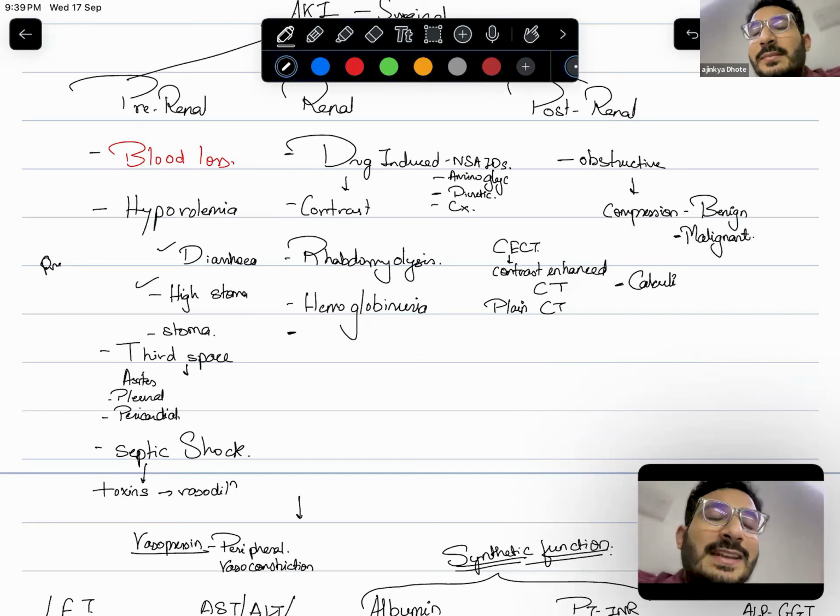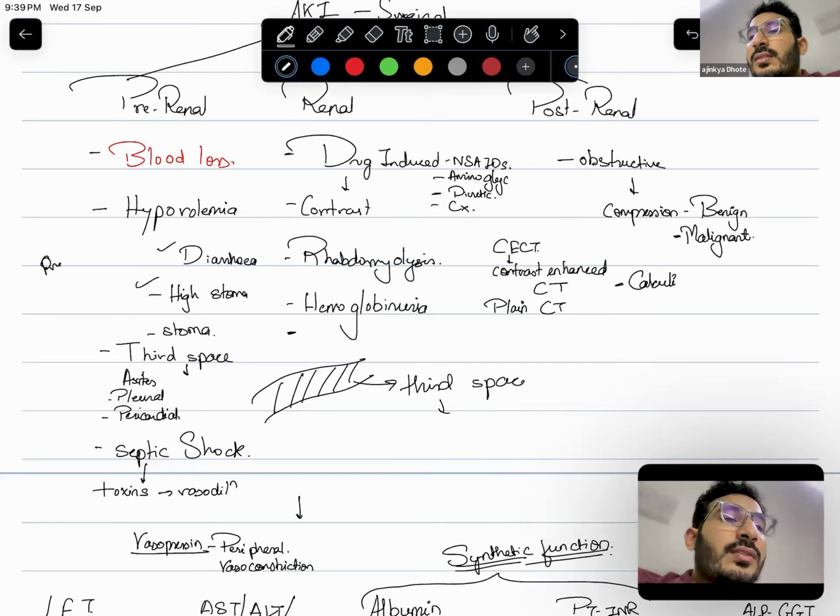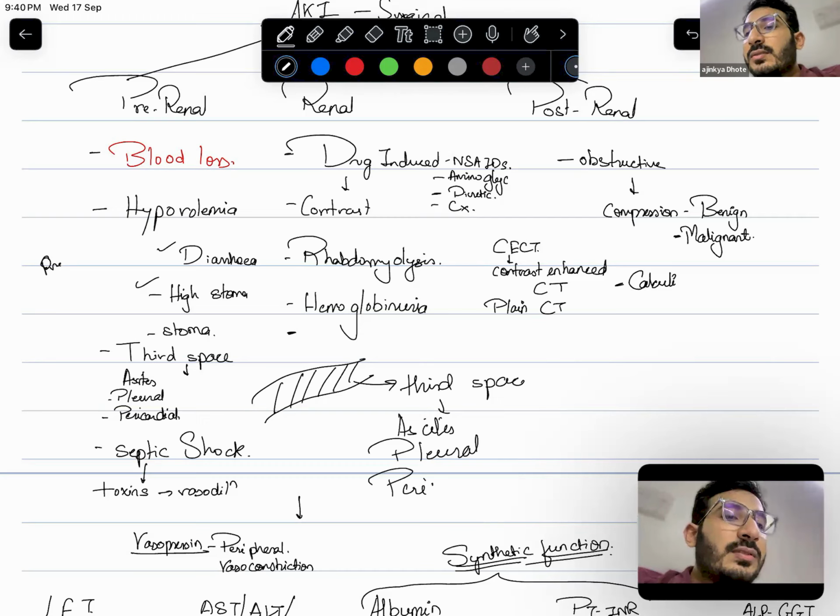Now, what do you exactly mean by third space? Whenever the body's fluid is not present in the intravascular space, it's known as third space. This includes your ascites, your pleural effusion, and your pericardial effusion.